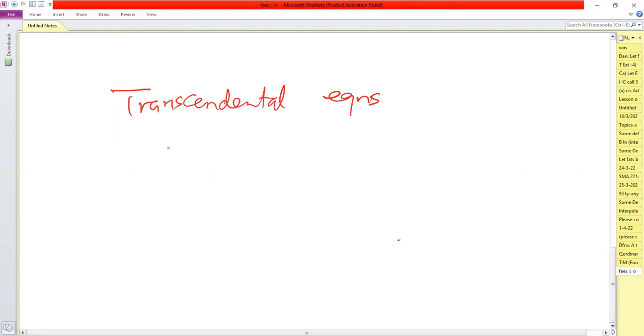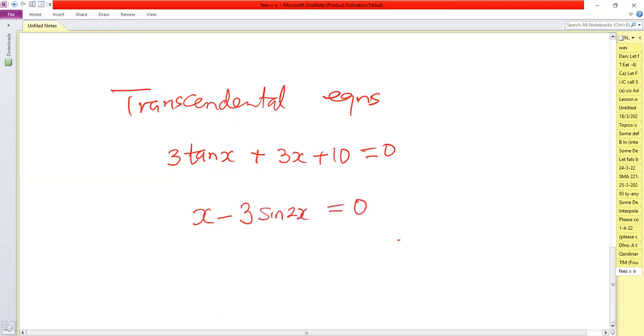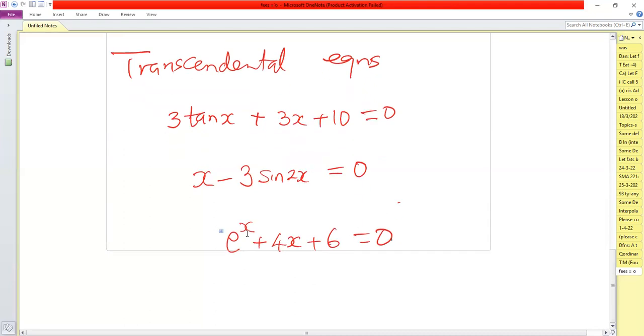So for example, if we have 3 tan of x plus 3x plus 10 equals 0, this is a transcendental equation because of this trigonometric part. And if we have x minus 3 sine 2x equals 0, this is also a transcendental equation because of this trigonometric part. If we have x e raised to x plus 4x plus 6 equals 0, this is also a transcendental equation because of this exponential part.